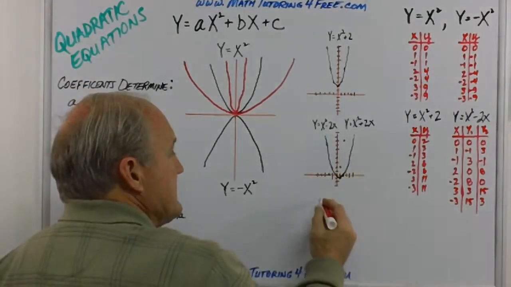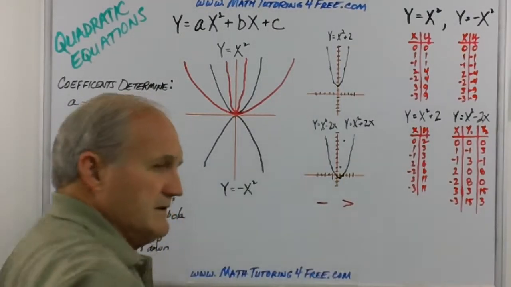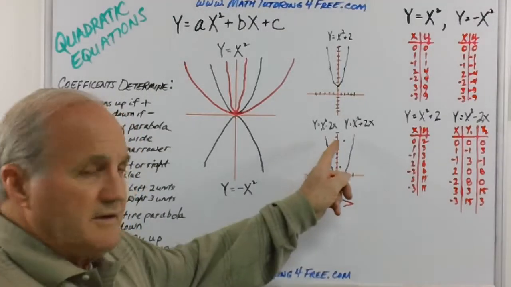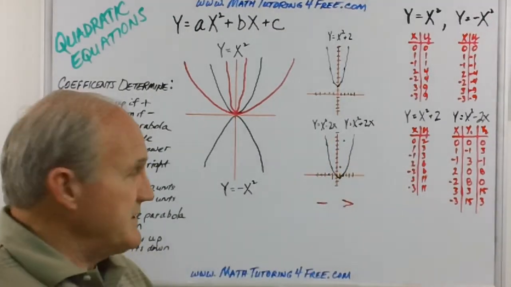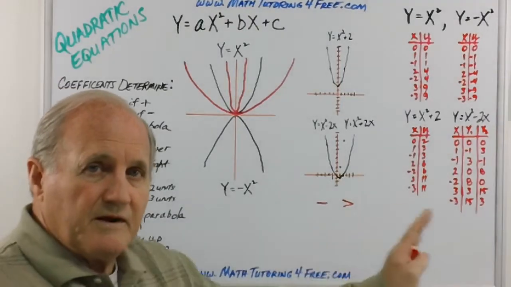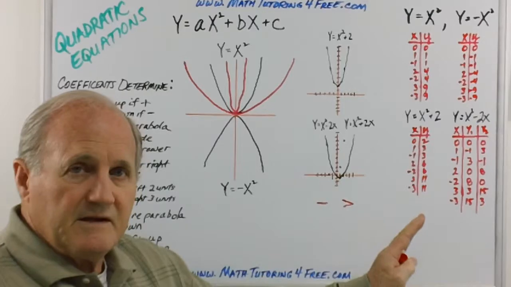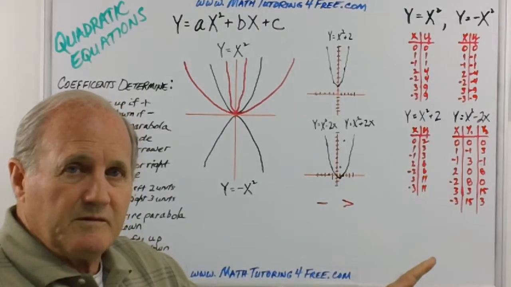For instance, if it is negative, then it moves it to the right, half of the value of b. So if b in this case is minus 2, it will move the whole parabola to the right, opposite of the negative, and it'll move it right one position.